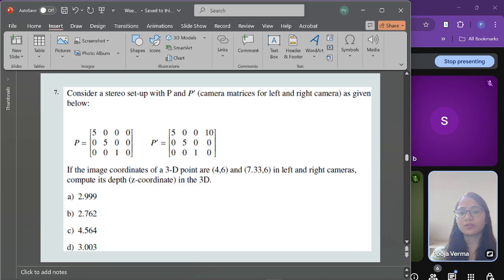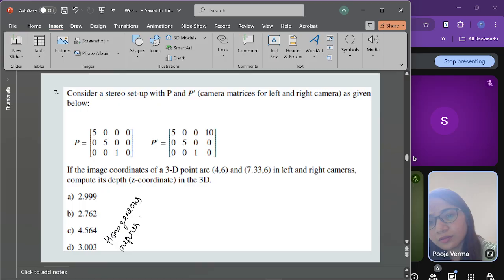So P and P dash are already given, and now we know the homogeneous representation of these two image coordinates, left and right. You can say that it is 4, 6, 1, associated with the left camera, right?